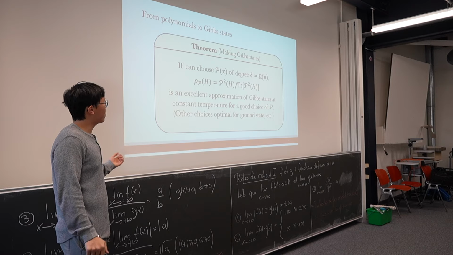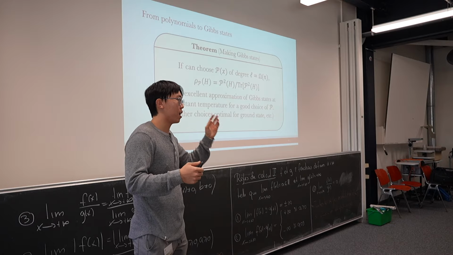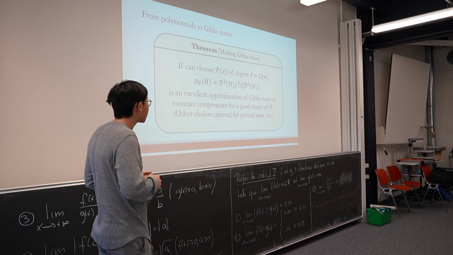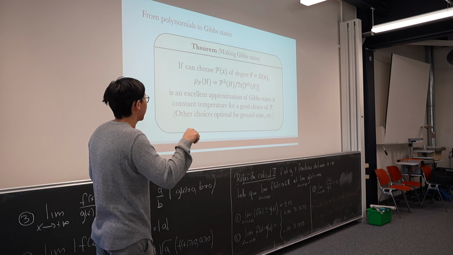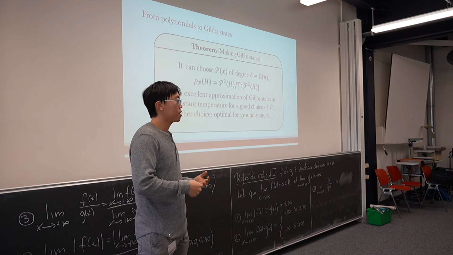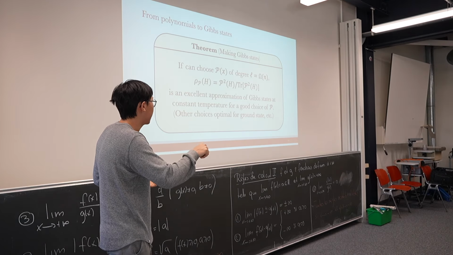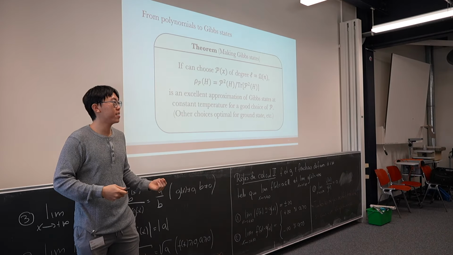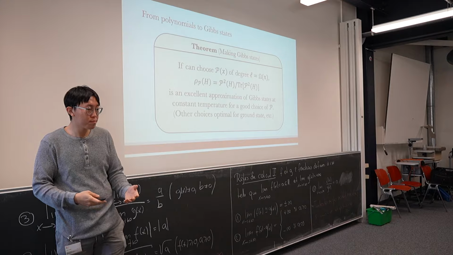It turns out that if you can decode linearly many errors, by which I mean L is linear in n, so it's a constant fraction of all errors, then you can choose a polynomial which is an excellent approximation to the correct exponential for this state here to be the Gibbs state. In other words, we can solve Gibbs sampling problems on certain Hamiltonians by reducing it into a classical error correction problem.